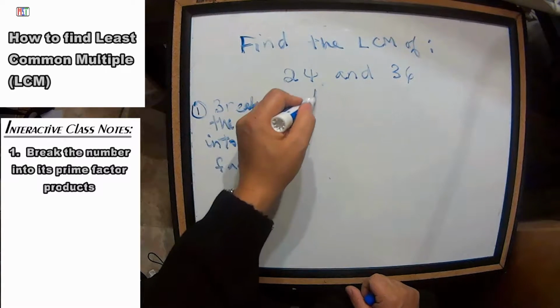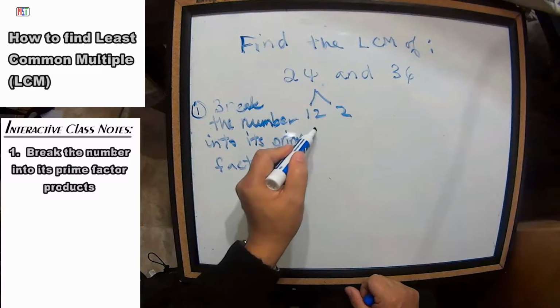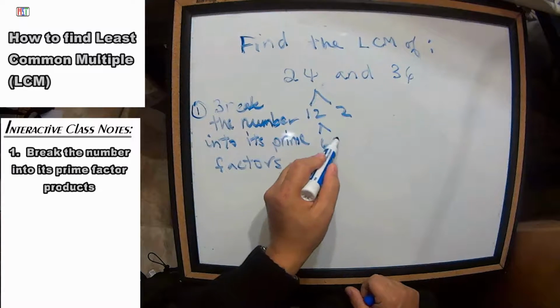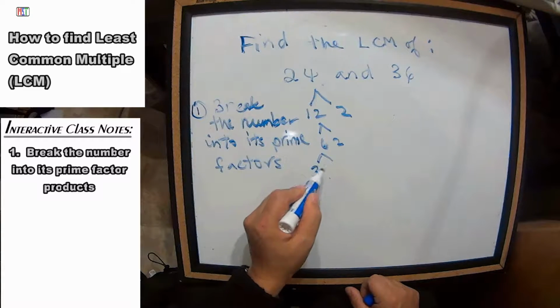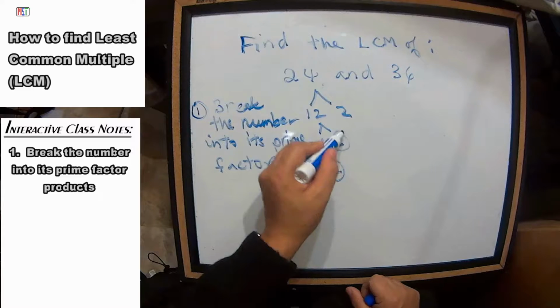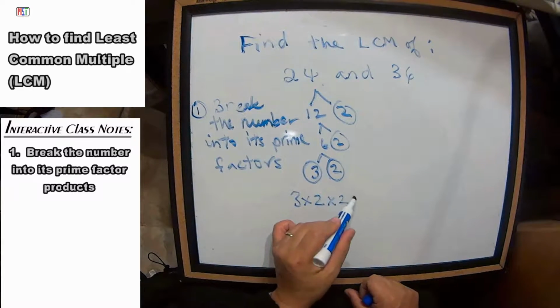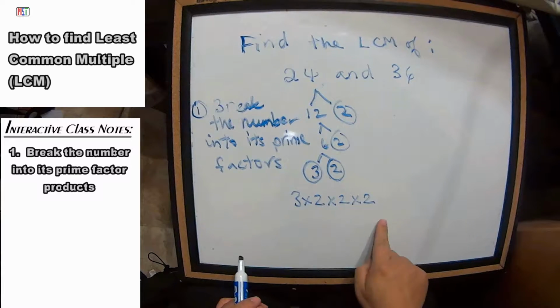Right, so let's do that. 24 is 12 and 2, and break down 12 into 6 and 2, and then 6 is 3 and 2. So notice the prime factors are 3, 2, 2, and 2. So 3 times 2 times 2 times 2.